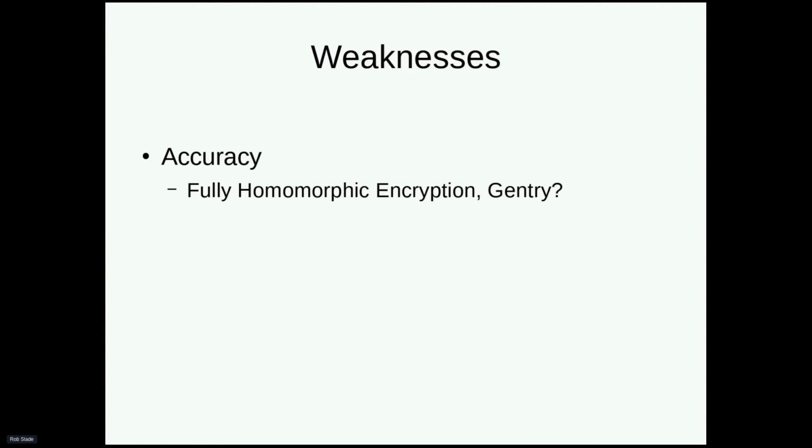And the accuracy of what we get out of homomorphic encryption is another concern here. A number of the proposed homomorphic encryption algorithms do provide for the functions, but not necessarily with absolute accuracy.